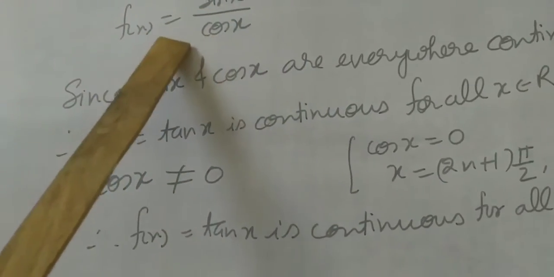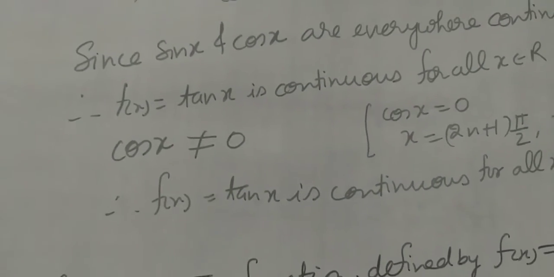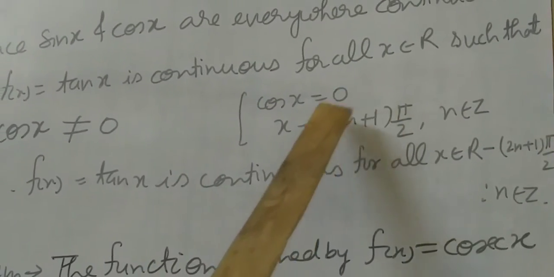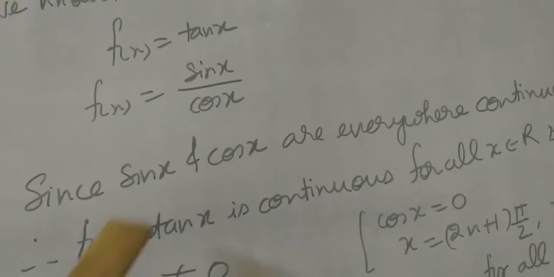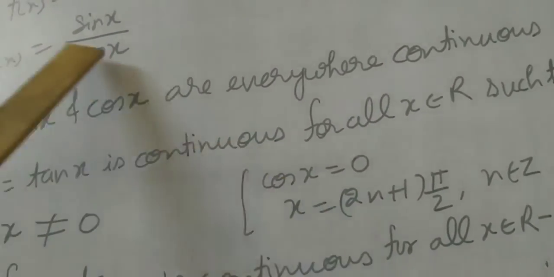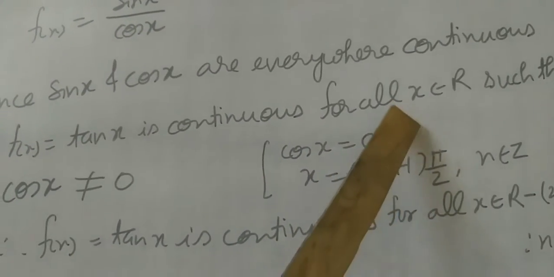If cos x is equal to 0, then its value will be infinity. So cos x should not be equal to 0. We know that, students, when cos x equal to 0, x equals (2n plus 1) pi by 2, the general solution of cos x, where n belongs to Z. So for tan x, cos x should not be equal to 0, means x cannot be equal to (2n plus 1) pi by 2.